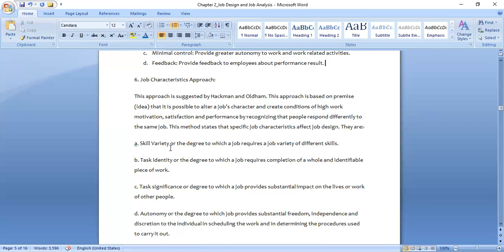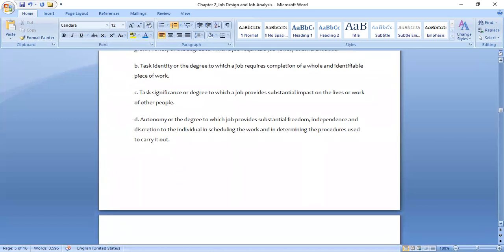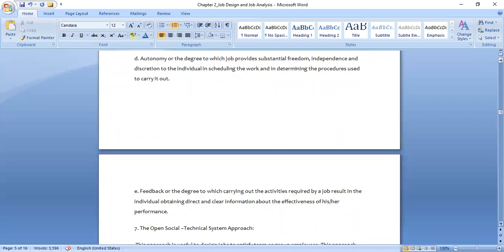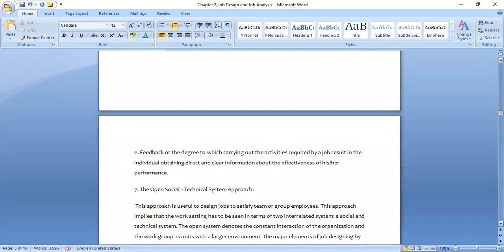Autonomy means independence or freedom. So you talk about the level of freedom and discretion. For example, if the worker is required to schedule when to do that work, you specify it in that job design. You give the level of autonomy or independence for the individual while preparing that job design.